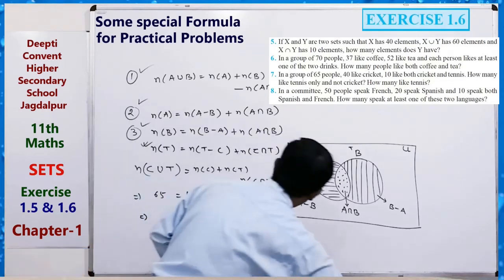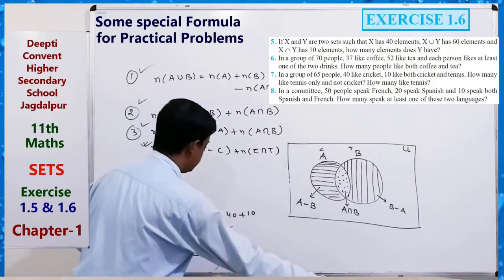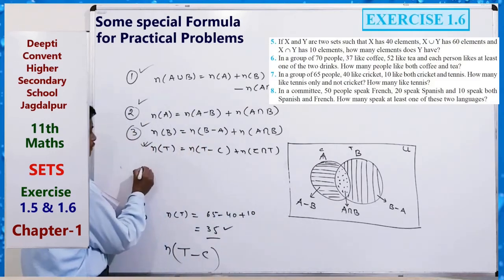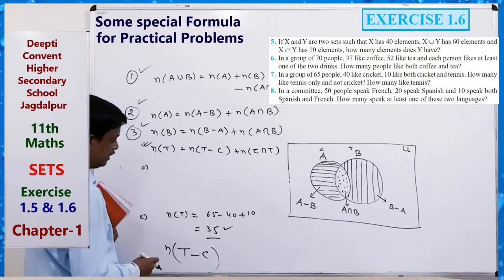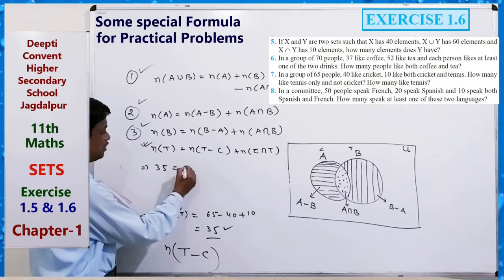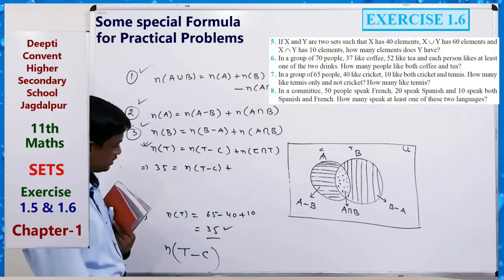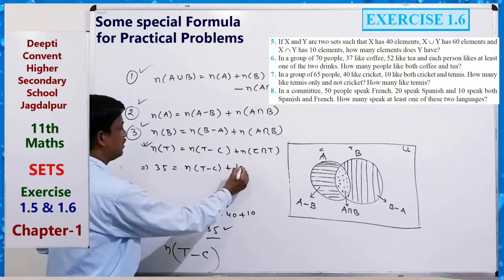So N(T minus C) equals what? N(T) is 35, and N(C intersection T) is 10.